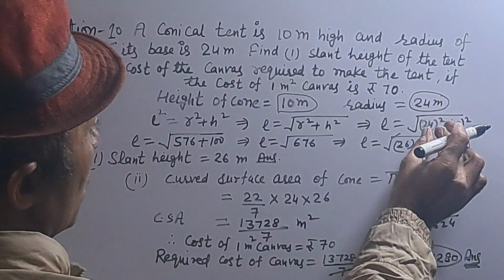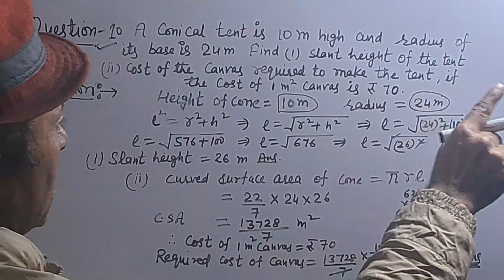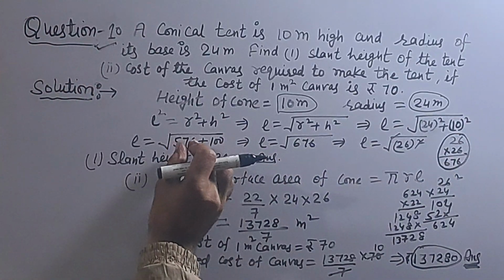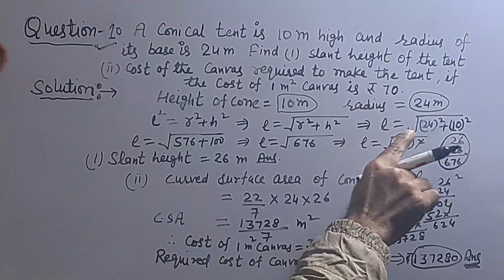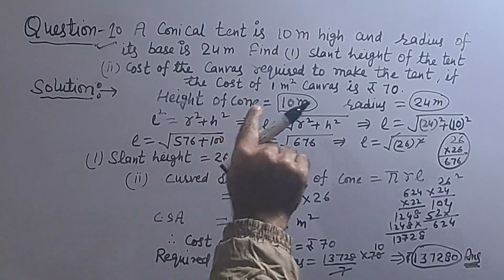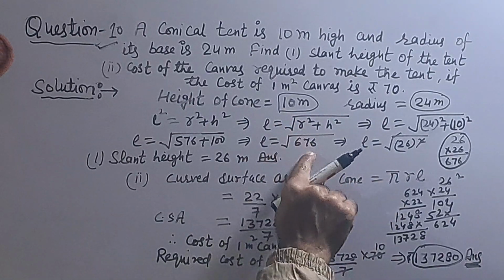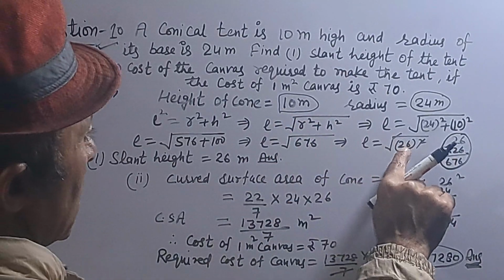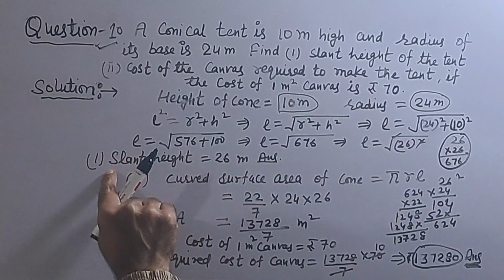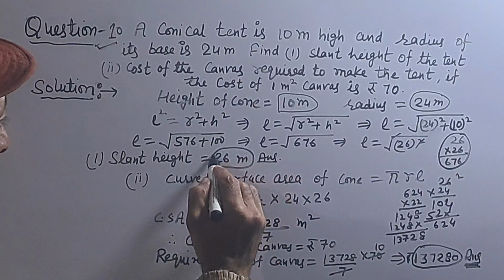Radius is 24 square plus height is 10 square. 24 square equal to 576 plus 10 square is 100. 576 plus 100 equals 676. Root 676 is equal to 26 square. Root and square are cancelled and we get slant height equal to 26 meter. Answer.